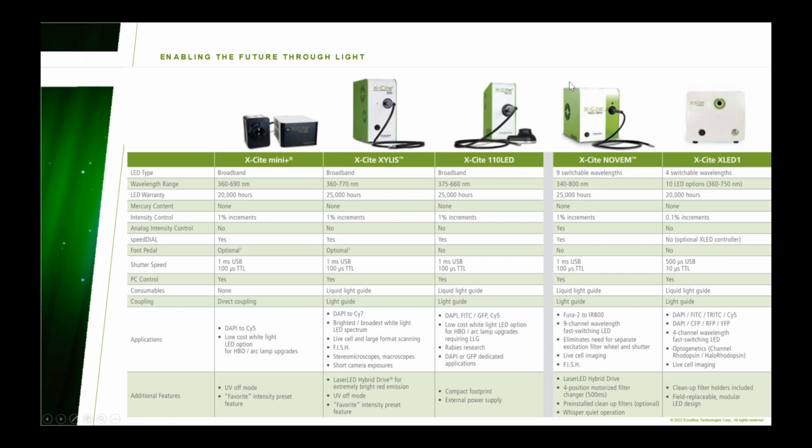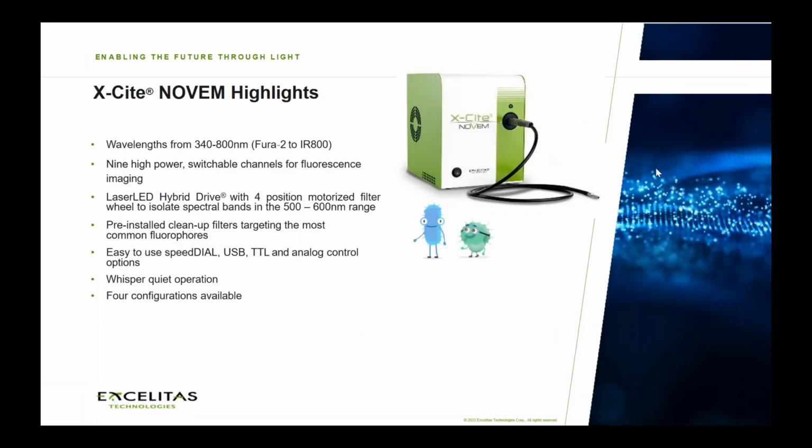So the one I'd like to focus on today is the X-Cite Novum, to kind of pair with the whole extending the spectral range of illumination, as well as detection, as Gerhard covered.